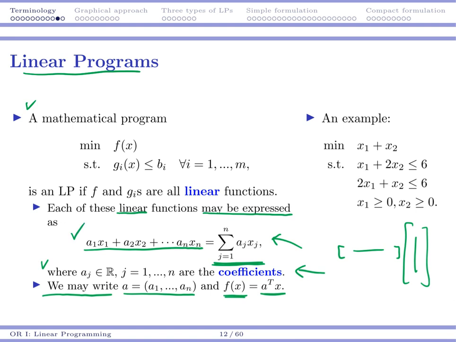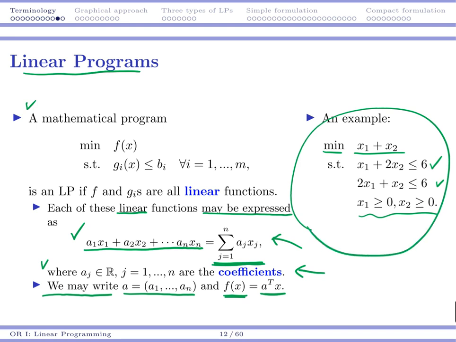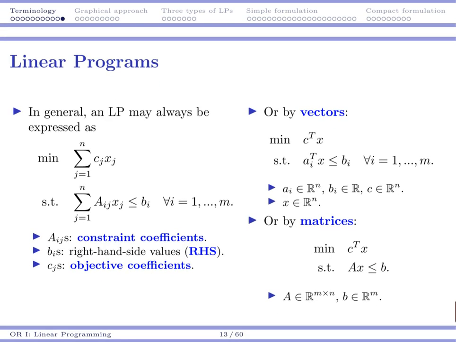an xn. So a very quick example shown at the right is that you want to minimize x1 plus x2 subject to linear constraint 1, linear constraint 2, and some sign constraints, and you may see that sign constraints by nature, by definition, are linear. So this is a very natural linear program. So in general, any linear program may be expressed in the following way.